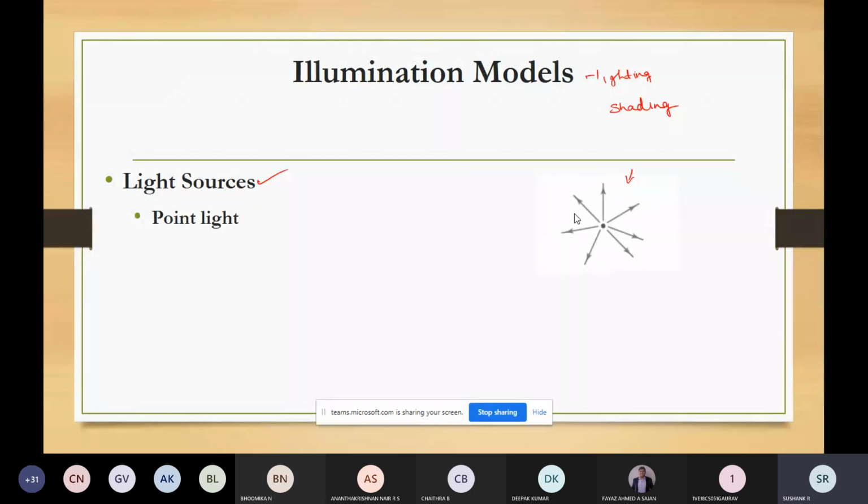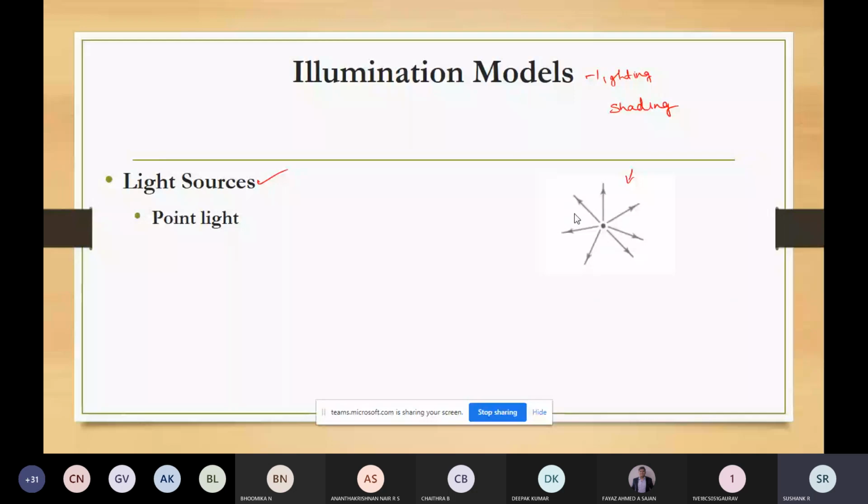You can also simulate larger sources as point sources if they are not too close to the scene. This model can also be used to determine which objects in the scene are illuminated from the source, and to calculate the direction of the light to the selected object surface position. So this is regarding the point light.